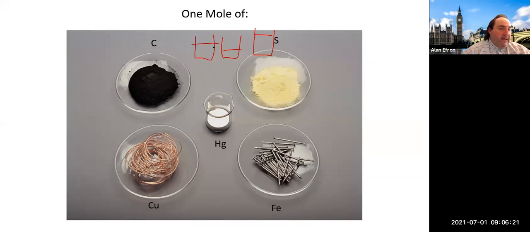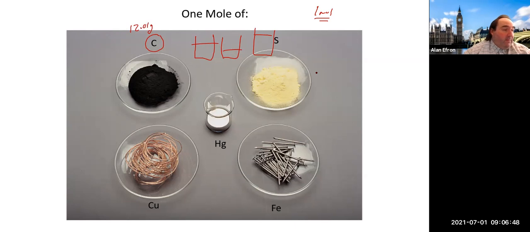The reason for that is when we talk about 1 mole of something, it does represent physically different amounts in terms of grams. If we say we have 1 mole of carbon here, that means we have 12.01 grams.